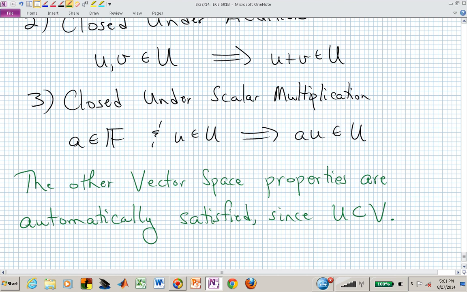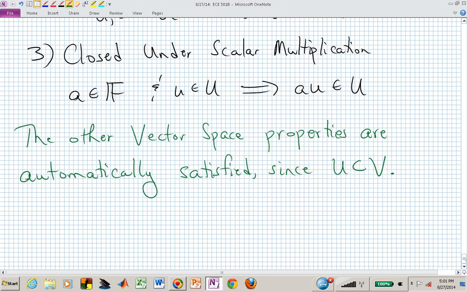It's a subset of the vector space V. Let's look at some examples.